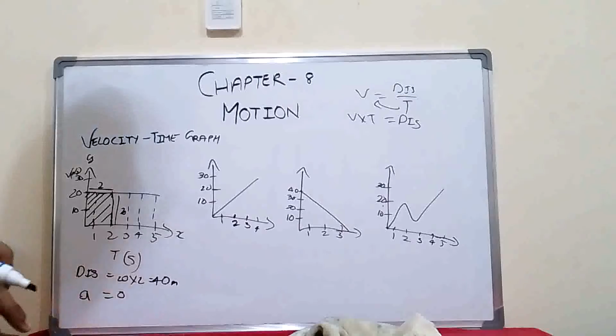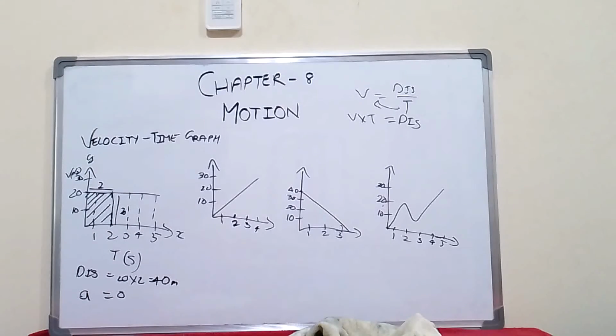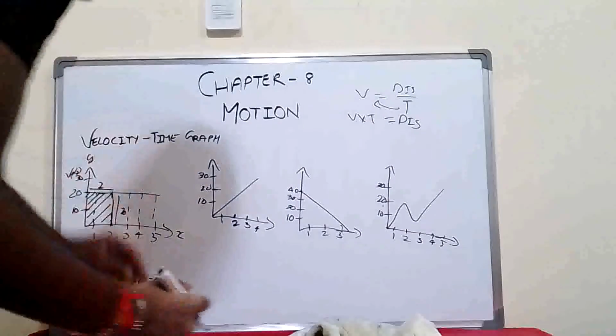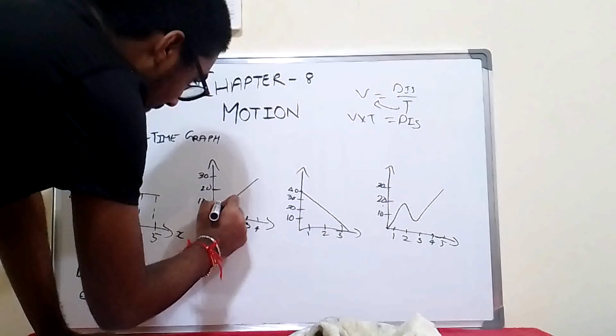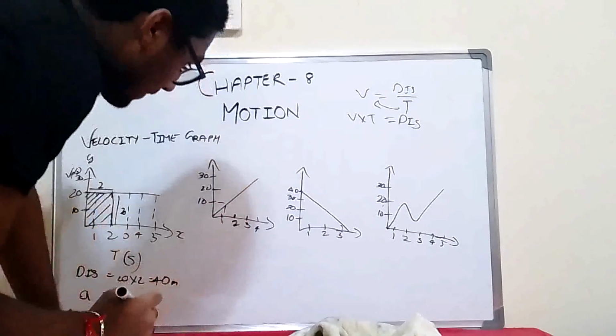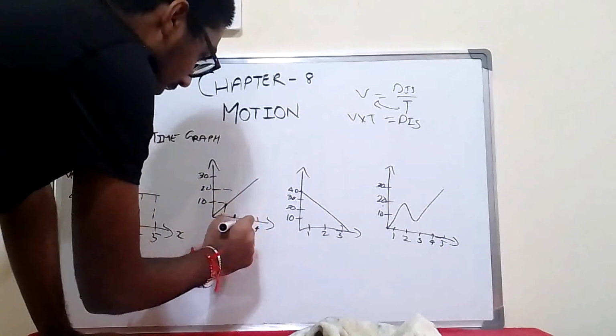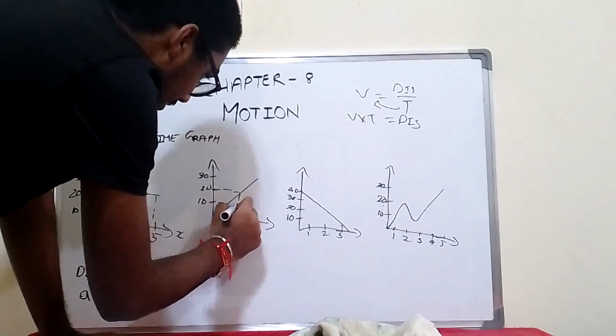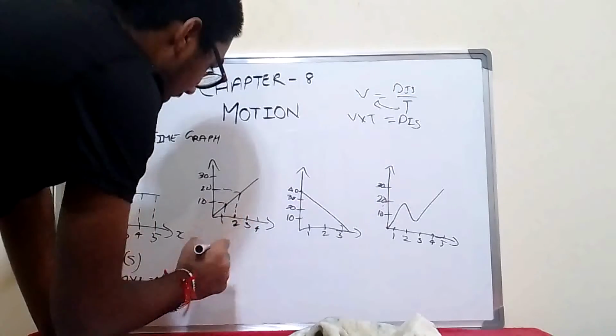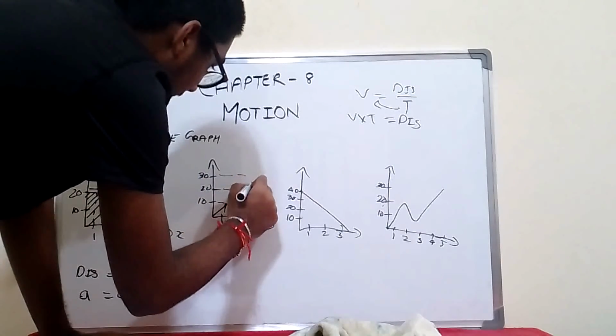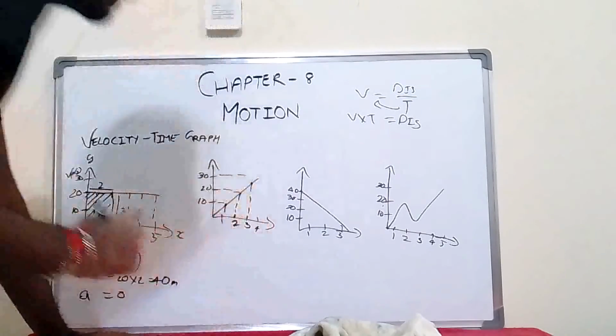Now coming here, it's a uniform acceleration, which means the velocity is increasing in equal amounts. So here we saw in the first second it was 10 meter per second, and in the second second it increased by 10 more, it became 20 meter per second, and in the third it became 30 meter per second, so it increased 10 more.